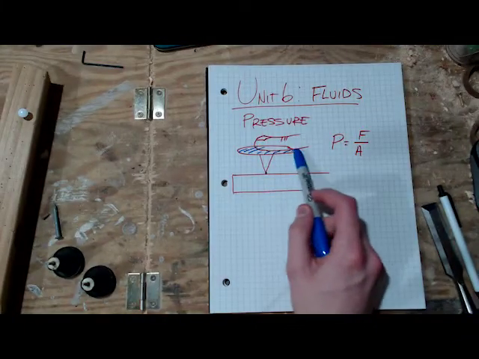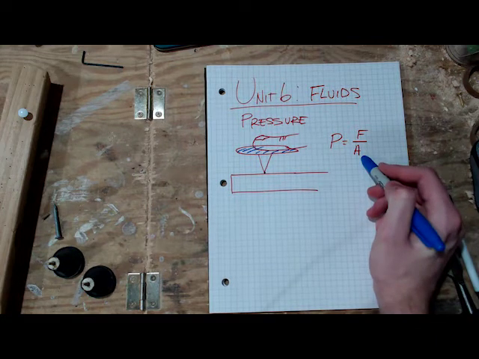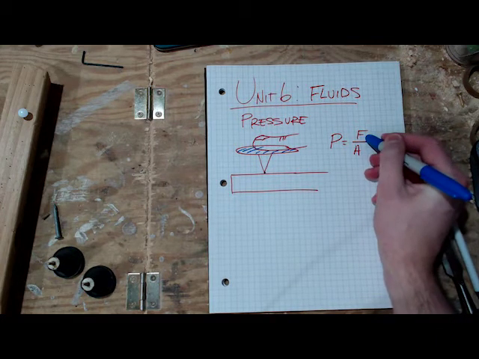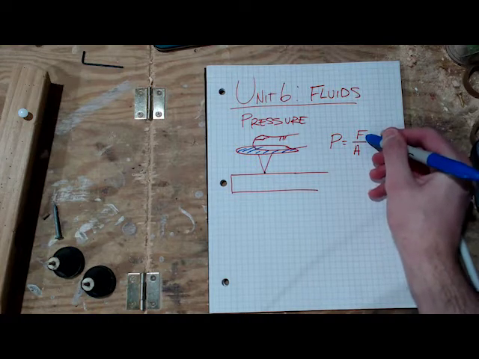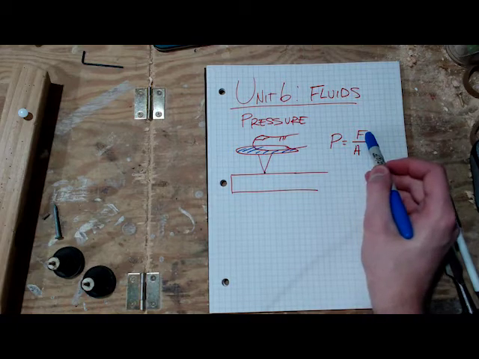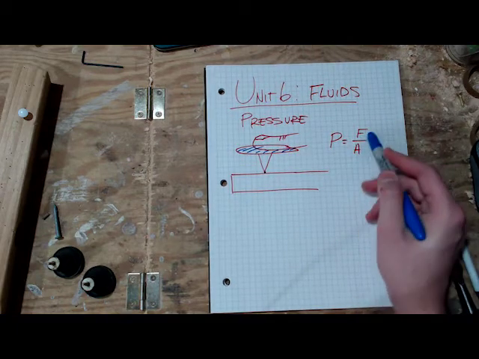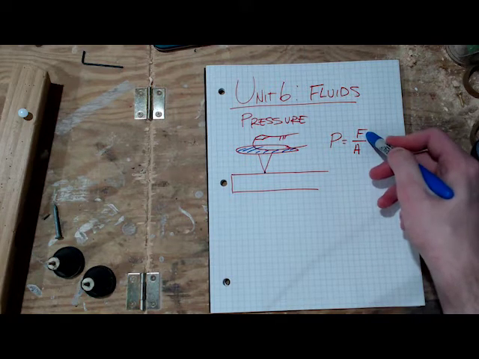There's a large area here. So if this area is very, very large, that means this force must be very, very small. Because this area is so big, it means that this force has to be small. They're inversely proportional. One is very large, so the other one has to be very, very small.